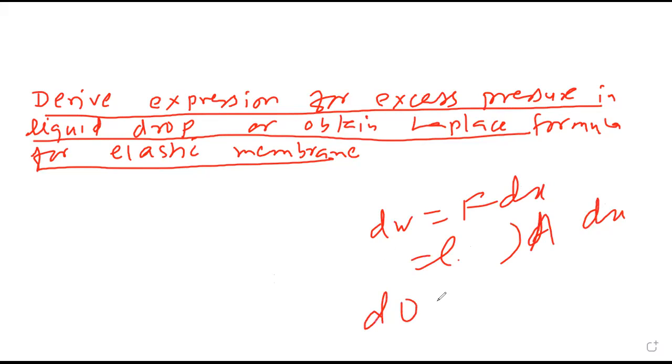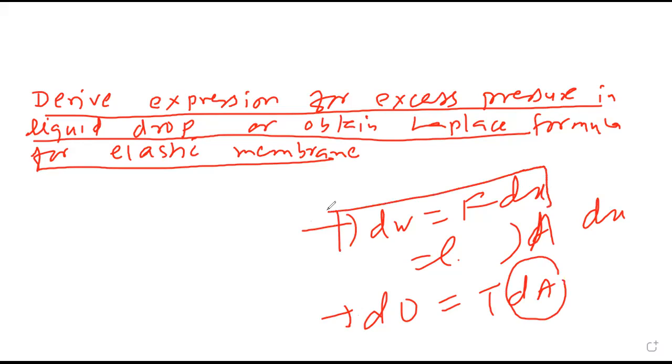It is also nothing but change in internal energy, T into dA. So we will equate this. First we'll find change in area, then increase in internal energy, then work done in terms of force, and equate. This is the simple principle.